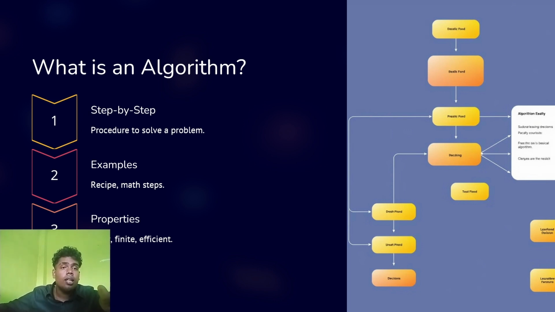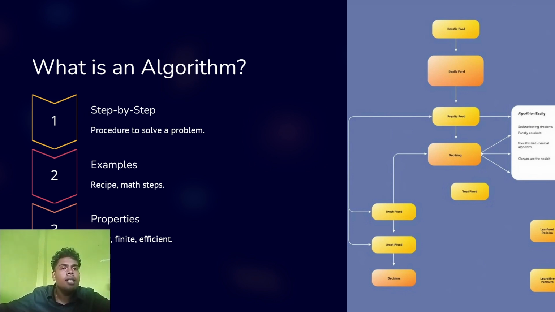Think of making tea as the problem for us. The algorithm for solving the problem of making tea is: first, boil water; secondly, add tea leaves; and thirdly, pour into a cup, add sugar and milk, and serve. That is the step-by-step method to solve the making tea problem.